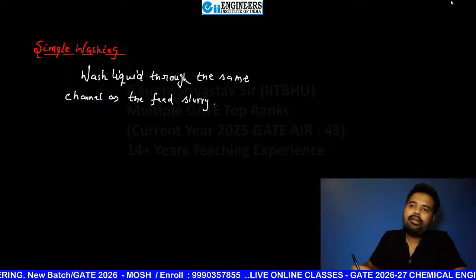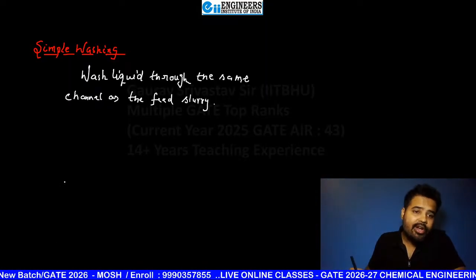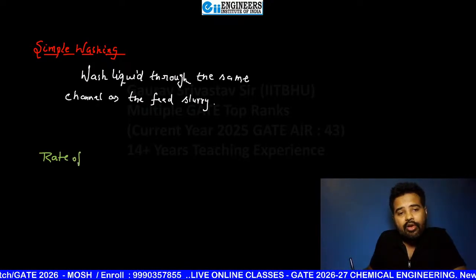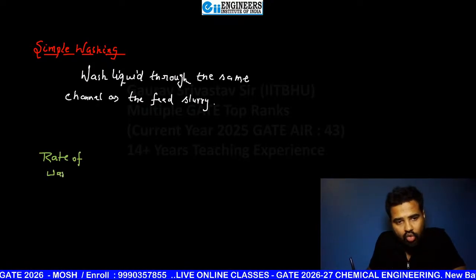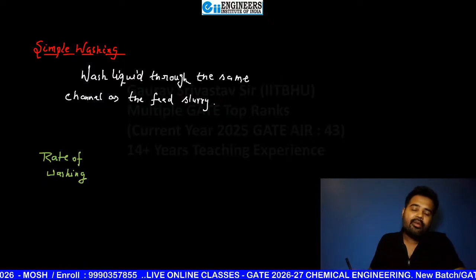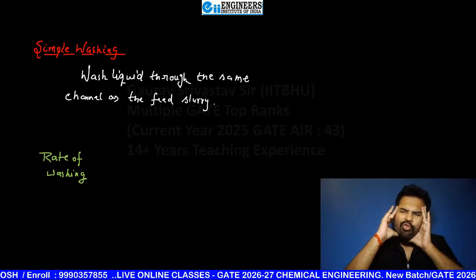Now the problem here is, if someone asks you at which rate you are going to apply your washing liquid, that means the rate of washing, then how to get it? Now tell me one thing, beta. You want washing very slow or very fast?